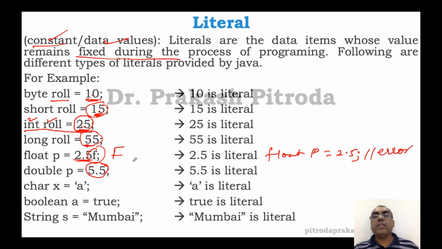Because if I want to declare that literal as truly a floating point literal, then I have to end it with F. As far as double is concerned, if you do not write anything, it is considered as double. However, if I am writing double P is equal to 5.5D, capital or small, anything is acceptable. D is optional, but for a float, F is compulsory.